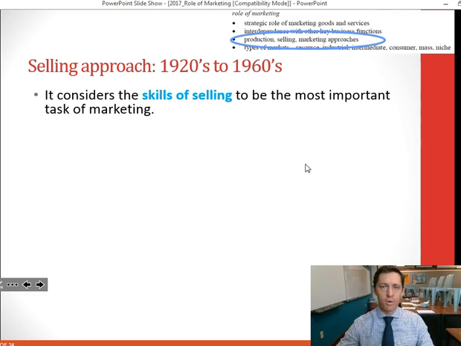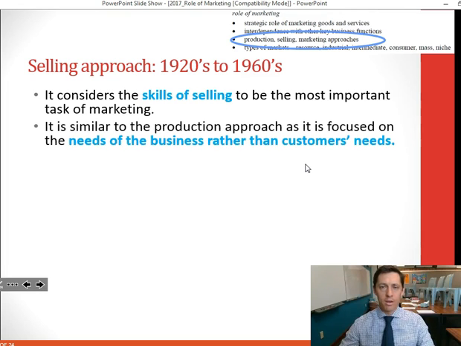Things progressed from the production approach to marketing into the selling approach to marketing through the mid-1900s, where businesses started to take into consideration selling techniques and recognise how important it was in the potential sales of products.